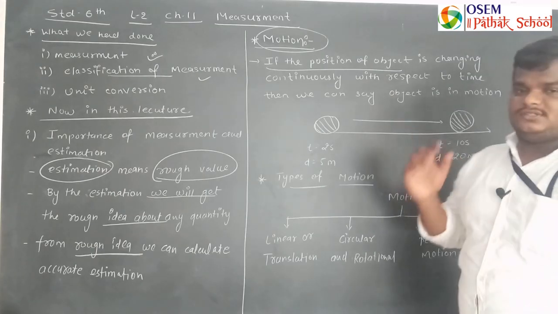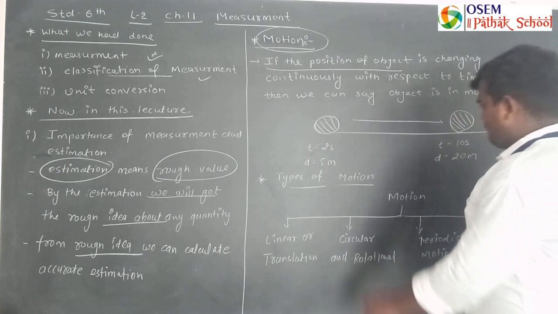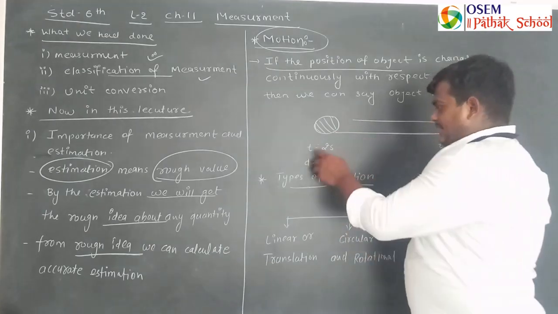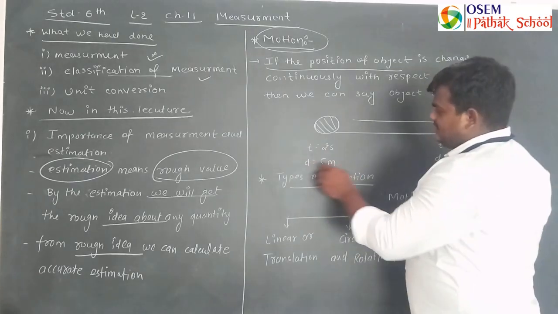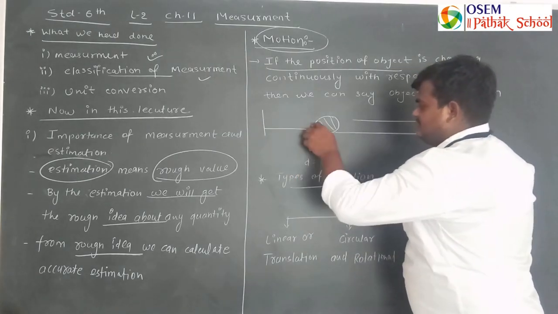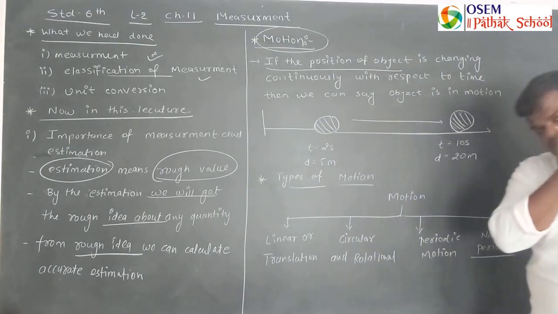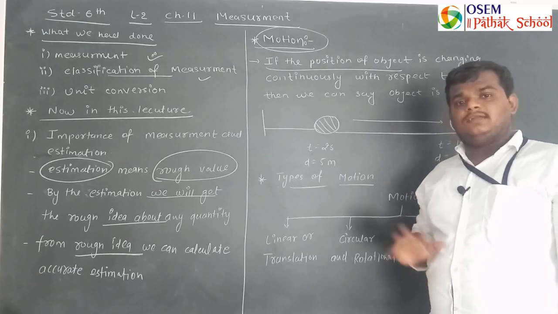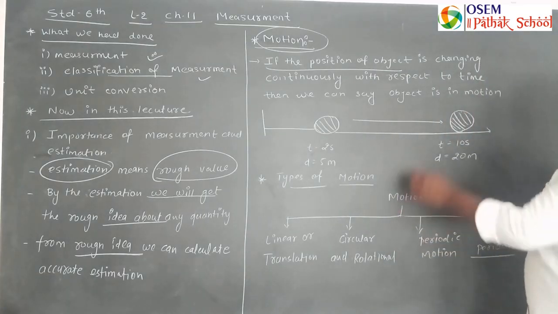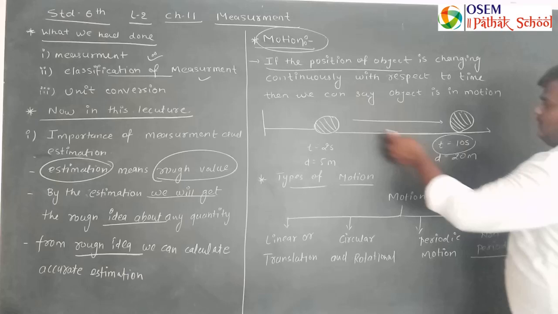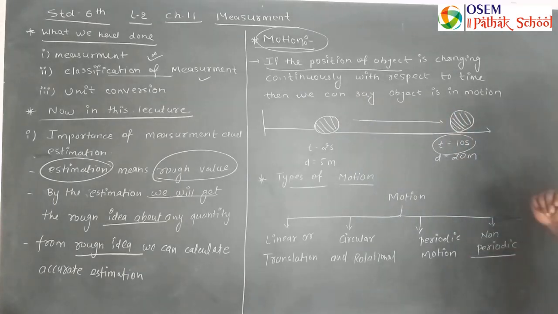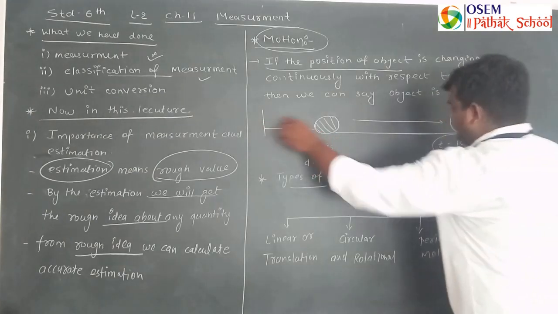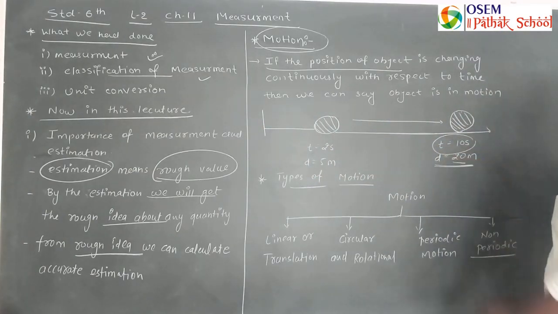For example this is our path and यहाँ पे एक ball लिया, time 2 second हुआ, distance measure किया तो this point से उसका distance था 5 meter. Distance यहाँ पे measure किया, distance is 5 meter from this one. And उसके बाद after 10 seconds the object reached here and distance measured from here to here, and this is 20 meter.